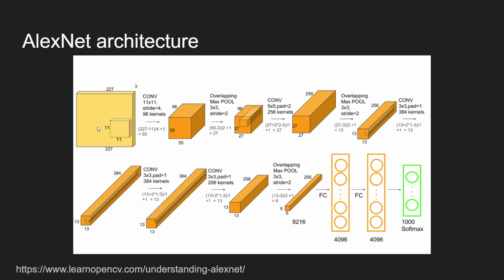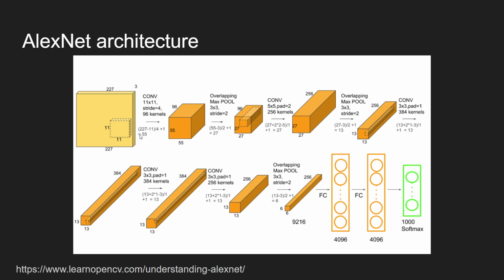Once it has these 227 by 227 inputs, this is the basic architecture. We do a convolution with a stride of 4, then a pooling with a stride of 2, convolution, pooling, convolution, and then a bunch more convolutions and pooling.